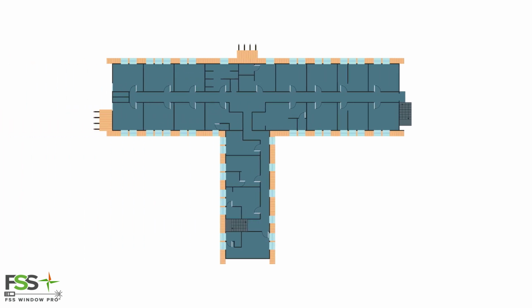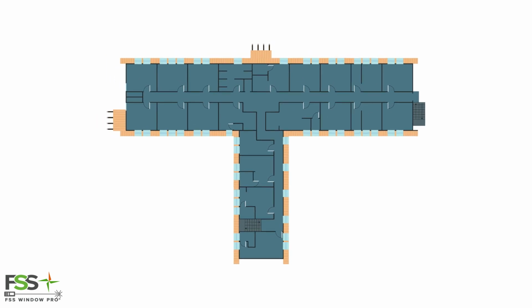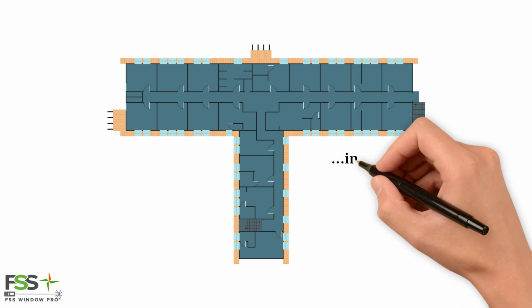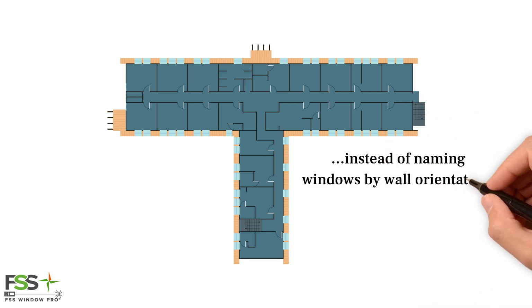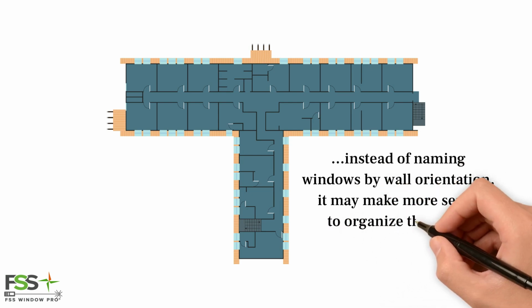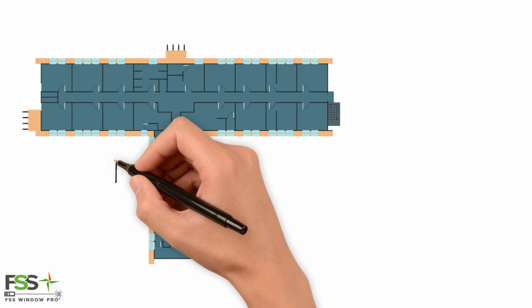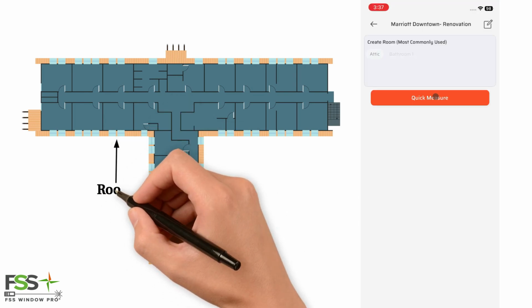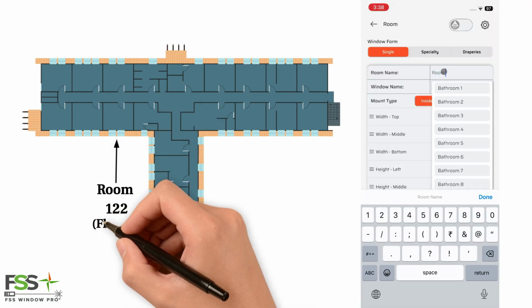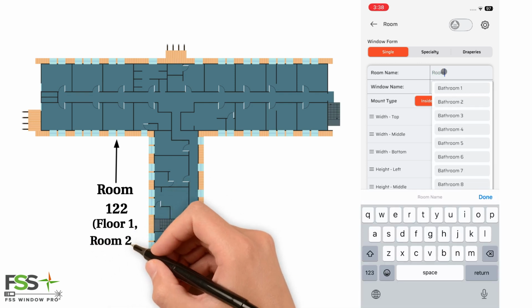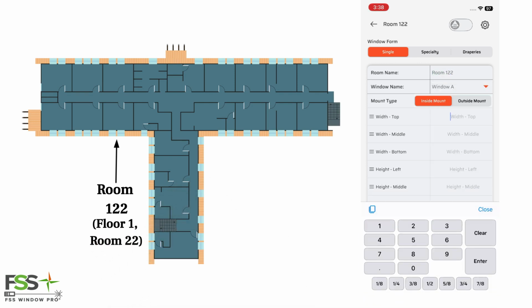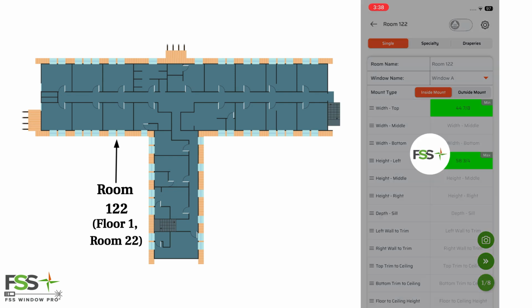Now, let's take one more scenario, something like a hotel. Hotels often have multiple floors and repeating room layouts. So instead of naming windows by wall orientation, it may make more sense to organize things by room number. For example, room 122. The numbering already tells you the floor and location. Room 122 is typically floor 1, room 22.